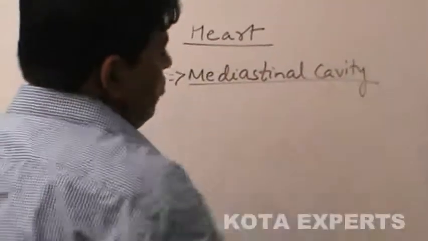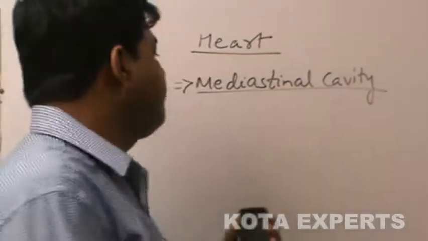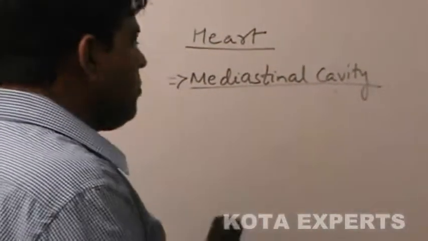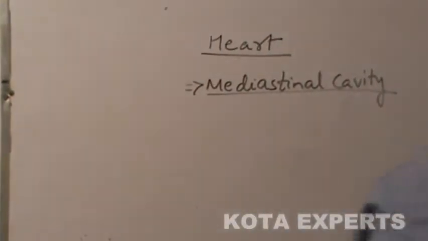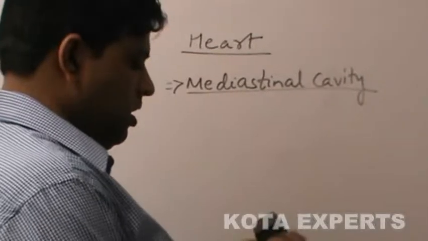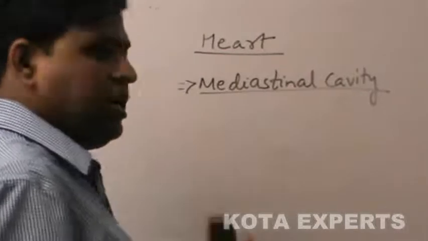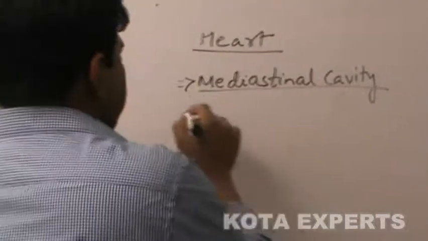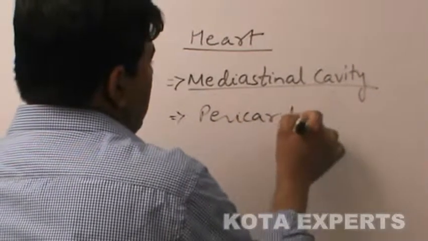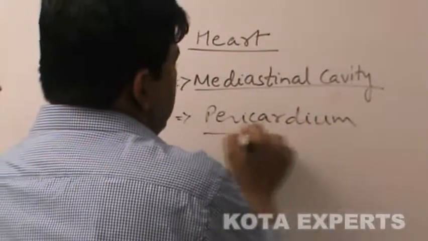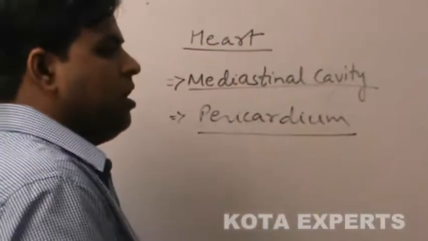The cavity between the lungs is known as the mediastinal cavity. So the heart is present in the mediastinal cavity between the lungs and covered by a membrane called the pericardium.